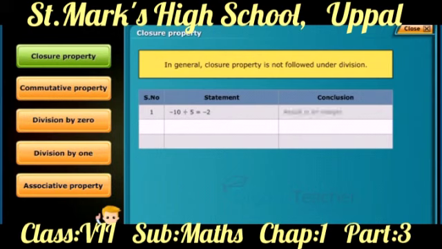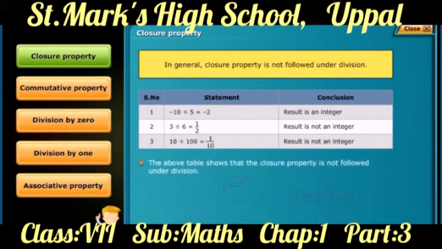It concludes that it is an integer. In the second statement, when 3 is divided by 6, the obtained result is 1 by 2, which is not an integer. Similarly, the last statement is not an integer. The above table shows that the closure property is not followed under division.